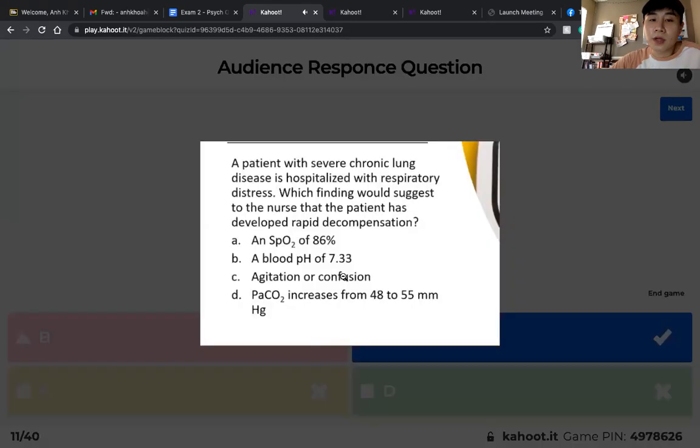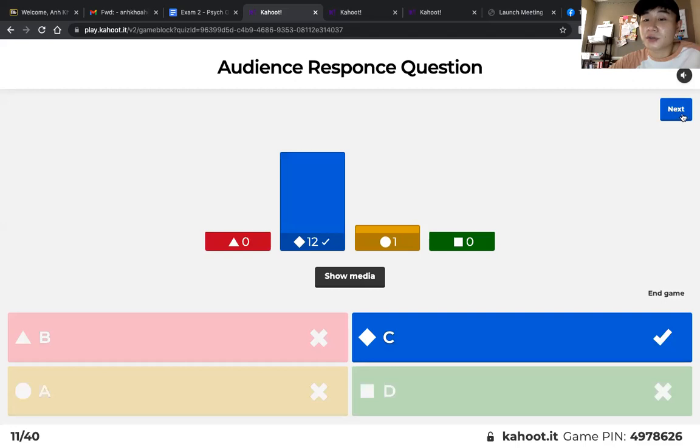All right, awesome. So agitation or confusion, anything related to a lower level of consciousness, is always the first sign that the patient is developing rapid decompensation. So level of consciousness, confusion, and agitation is what we should pick for the first early sign when the patient is having respiratory issues.